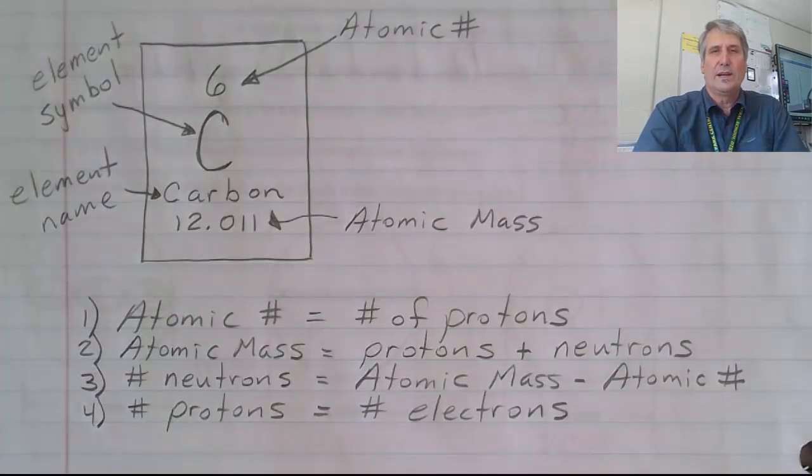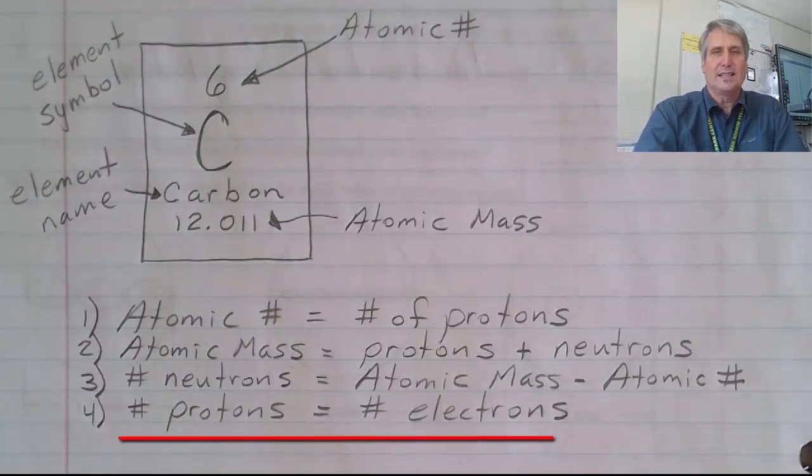The last thing we can do is figure out the number of electrons that an atom has. The number of protons is equal to the number of electrons. Atoms are neutral, so the number of positively charged protons is equal to the number of negatively charged electrons.